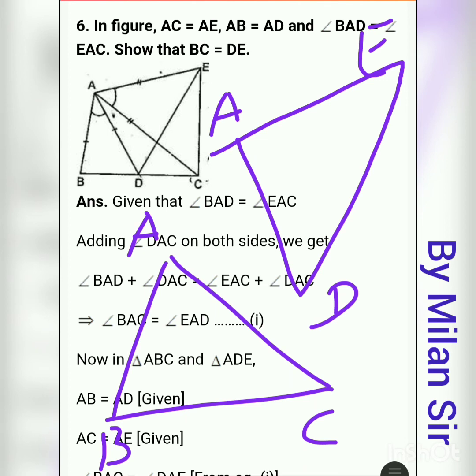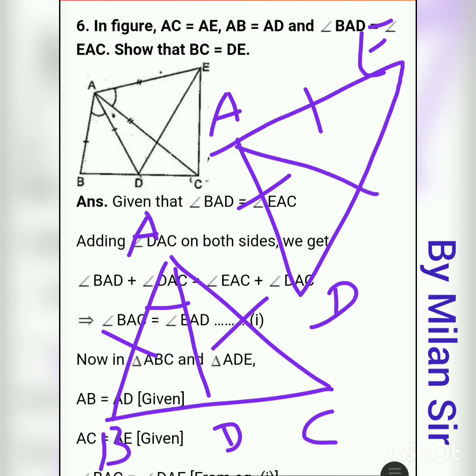Now in that, AC is equal to AE. AC and AE both are equal. AB is equal to AD. So these two sides we get equal, and angle BAD is equal to angle EAC. So these two angles are the same, but we need to cover the whole angle.